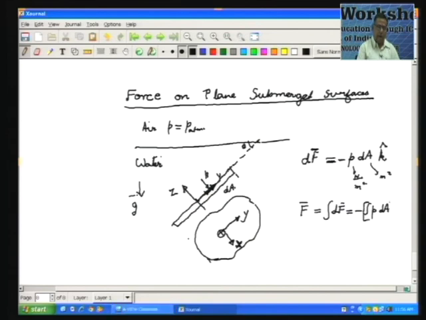Now, I can take the k out of the integral because it is a constant. So, I can say that F is minus F_R into k, where F_R is the magnitude of the resultant force. So, this F_R then is integral of p dA. Okay. So, later on we will look at forces on curved surfaces, there we have to account for the change in the direction.